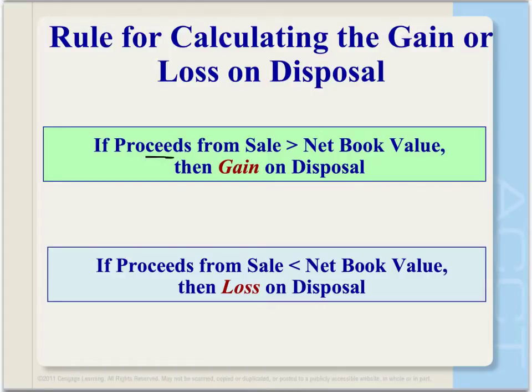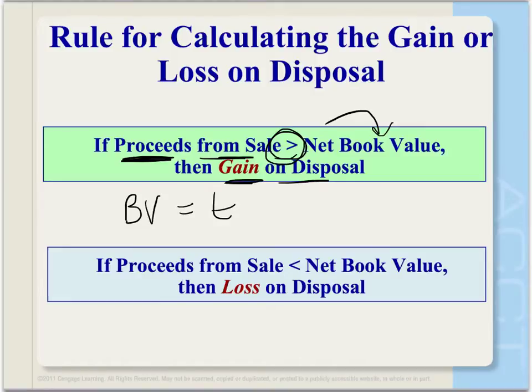If the proceeds from a sale are greater than the book value, then there is a gain on the disposal. Let's remember what book value is. Book value equals the equipment cost minus its accumulated depreciation.